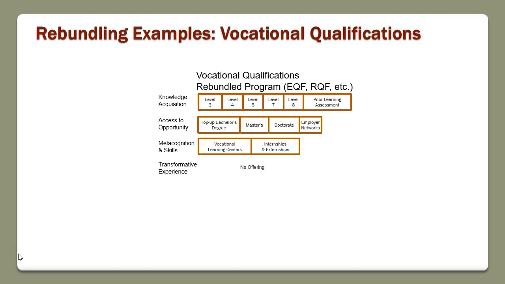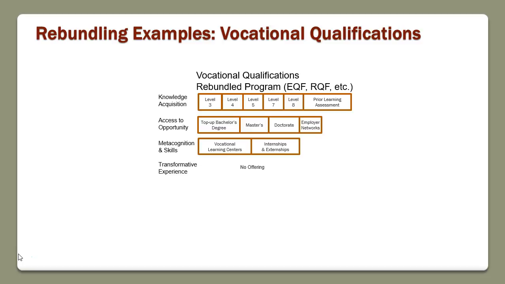In the area of vocational qualifications, and this is really what happens in the UK system of education, in Europe, EQF and RQF, and really in most of the world for vocational education, they have a two-tiered system where the freshman year is called level 3, sophomores level 4, juniors level 5.